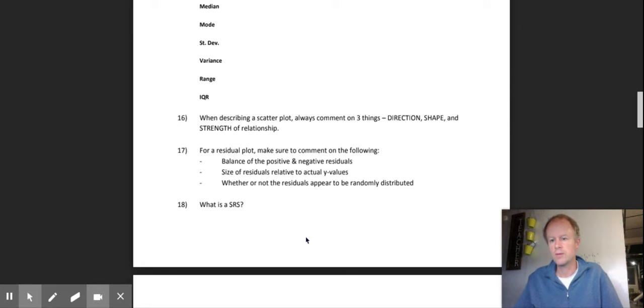And requirement number 2 is every set of size n has an equally likely chance of being selected. So if my sample size is like 10, and I'm taking a random sample of groups of 10, I want to make sure that every group of 10 is equally likely.